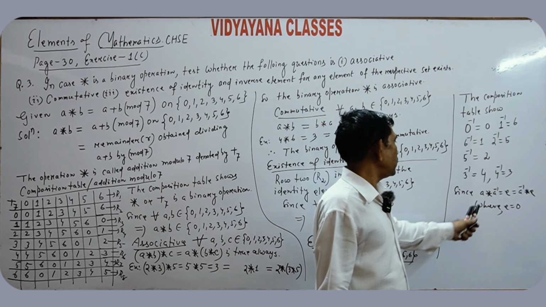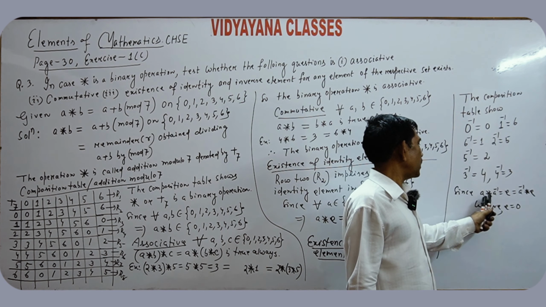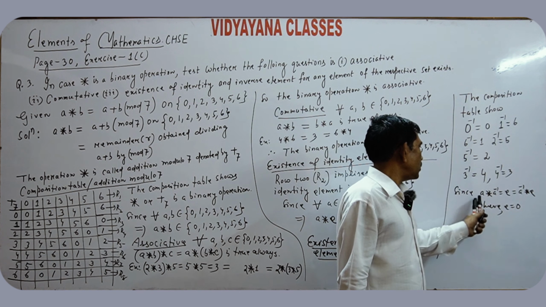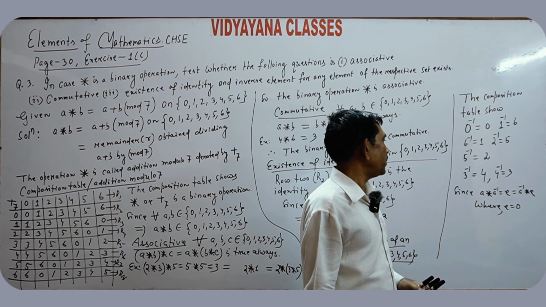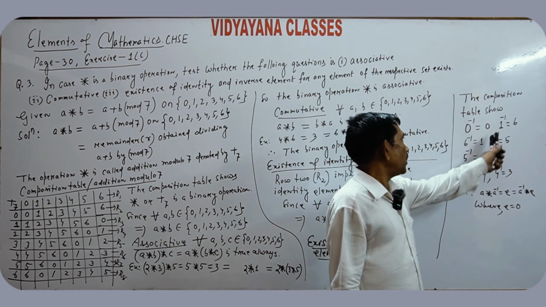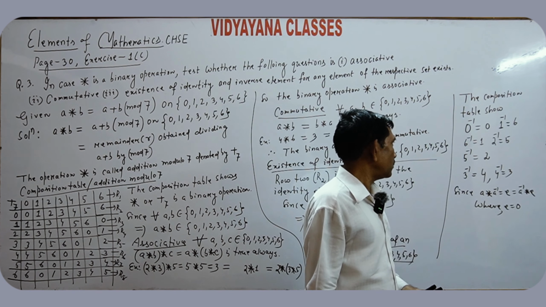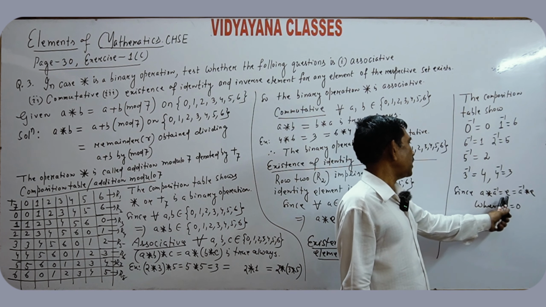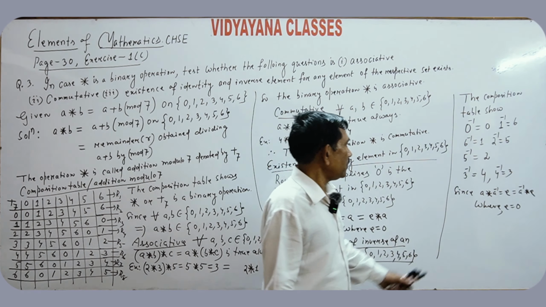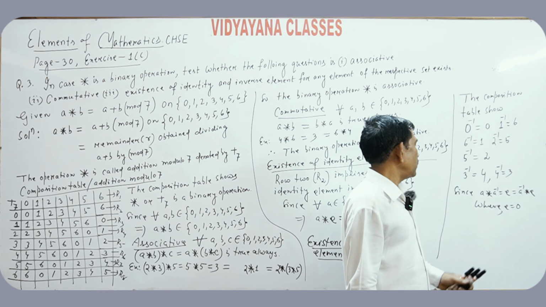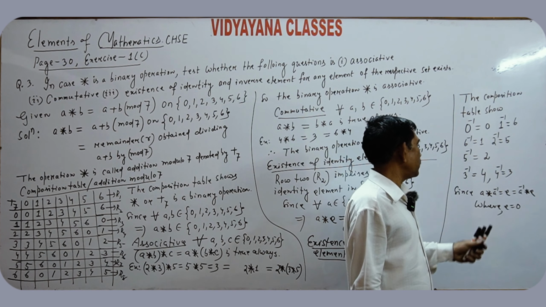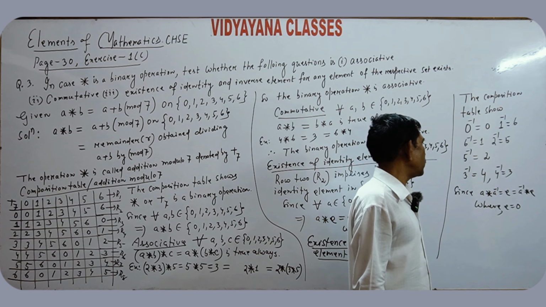A is 0 and its inverse is also 0. 0 plus 0 is equal to 0; 7 divides 0 gives the identity element 0. 1 plus 6 is equal to 7; 7 divides 7 gives the identity element 0. Clear? Lastly, 3 plus 4 is equal to 7; 7 divides 7 gives the identity element, that is 0.